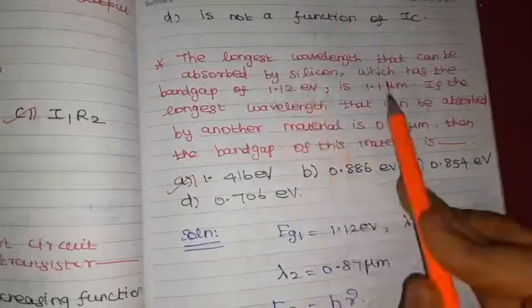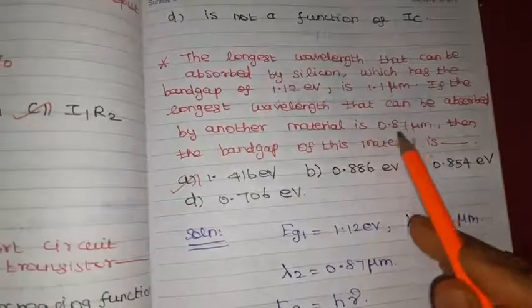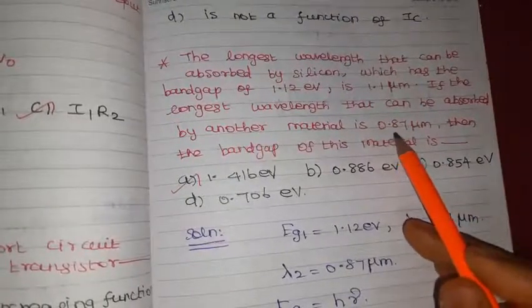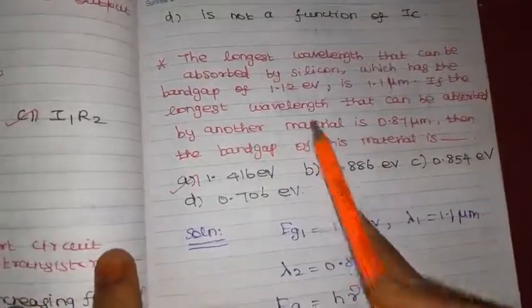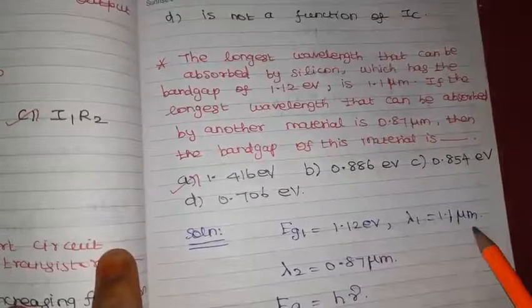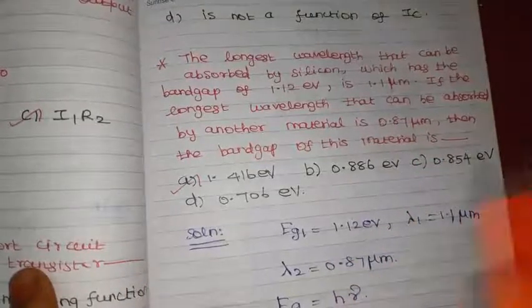So Eg1 is 1.1 electron volt, lambda 1 is 1.1 micrometer. Lambda 2 value given is 0.87 micrometer. We are going to find out the Eg2 value.